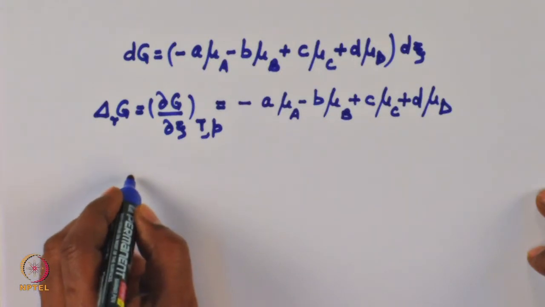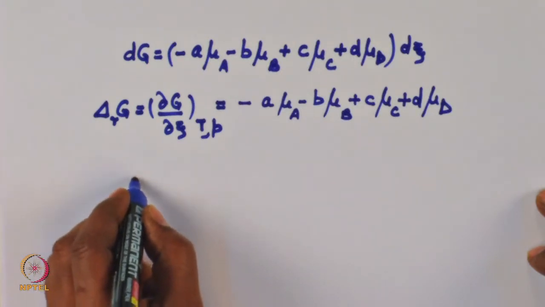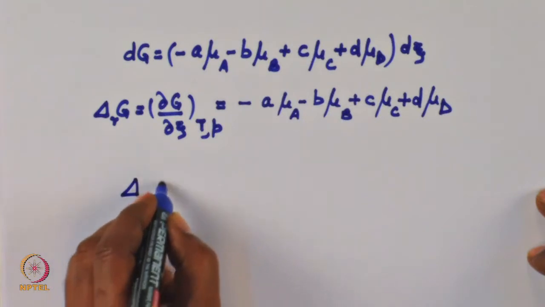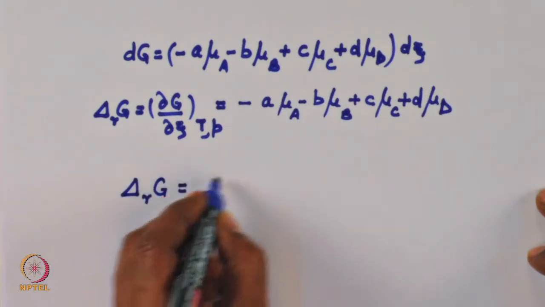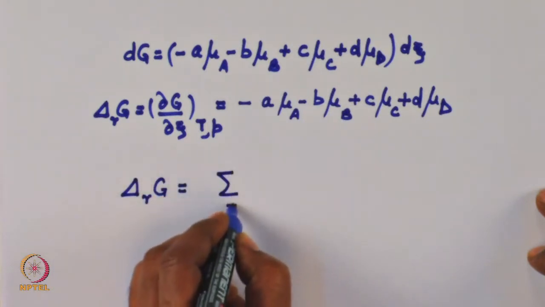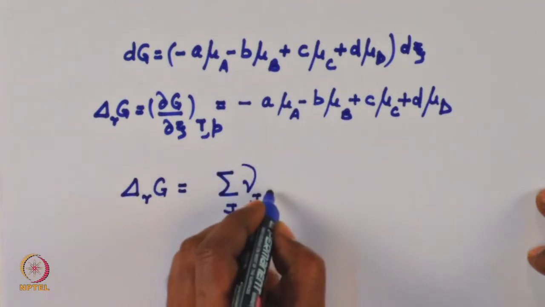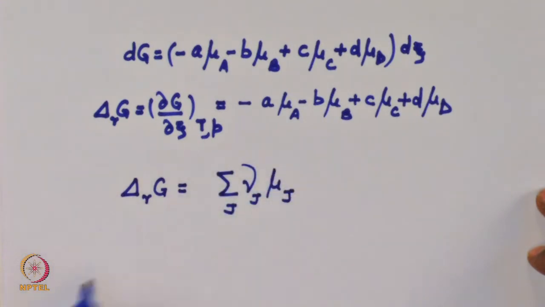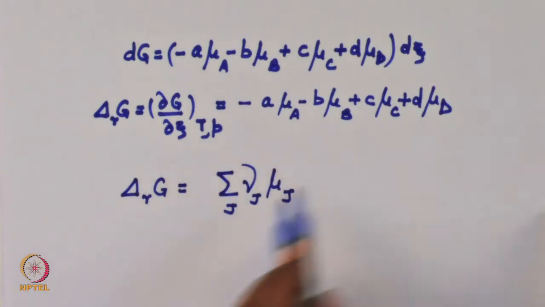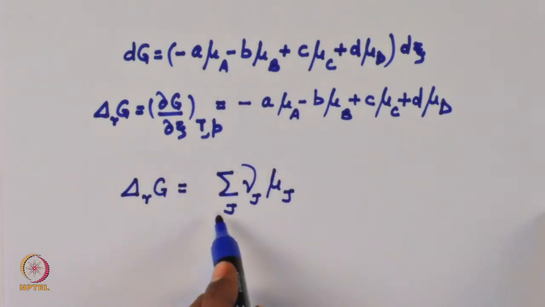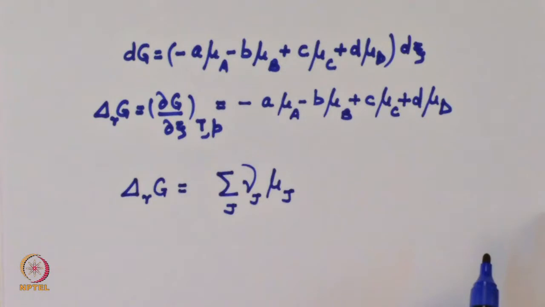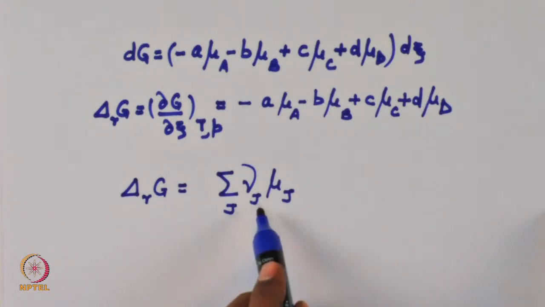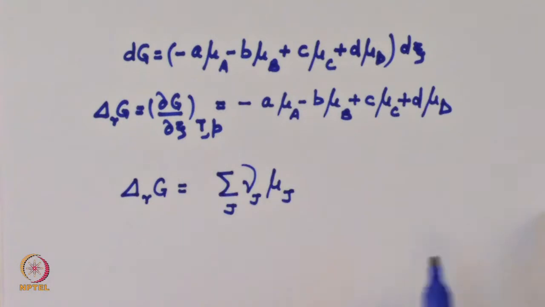I can write this expression also as the summation over J of nu J times the chemical potential of J. A general form of writing this expression is this, because nu J is a stoichiometric number which is positive for the product and negative for the reactant.